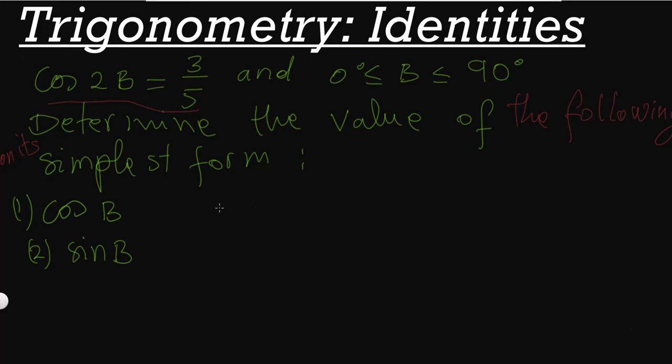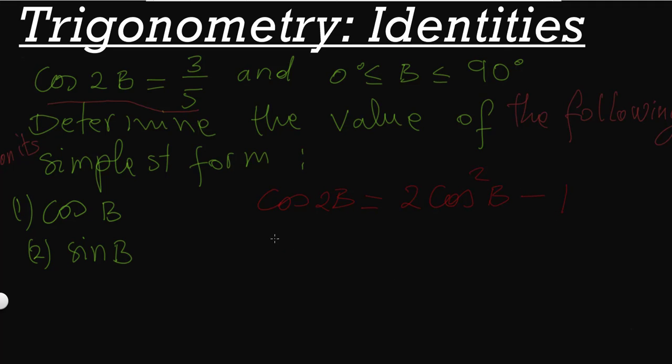Remember, we have cos 2B. So look at the identity that links cos 2 beta with cos beta. That will be 2 cos squared beta minus 1.